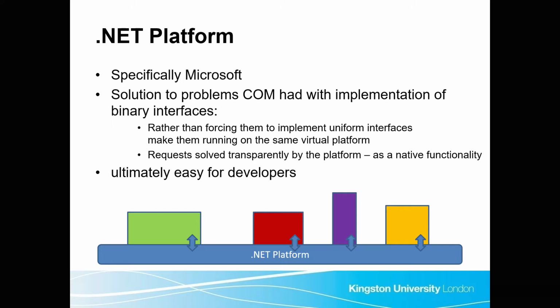And now all the request brokering is a native functionality of this platform. So it's an ultimate simplification. This basically means that instead of finding the way to communicate between various platforms, we have one universal platform.